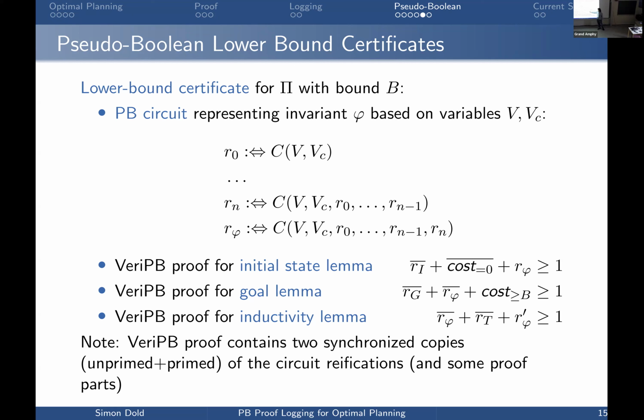That if there is a goal state inside the invariant, the cost should be at least B. And for the inductivity, if we are in this state and we are applying any legal action to it, then we stay in this invariant.